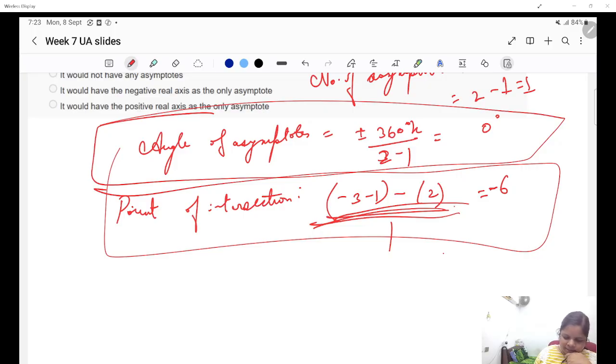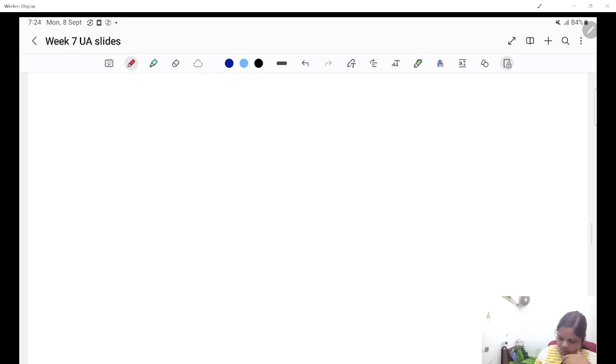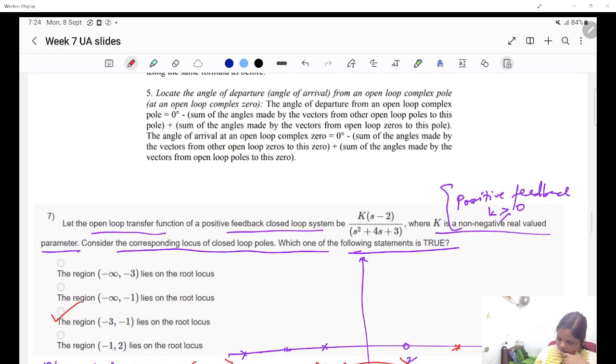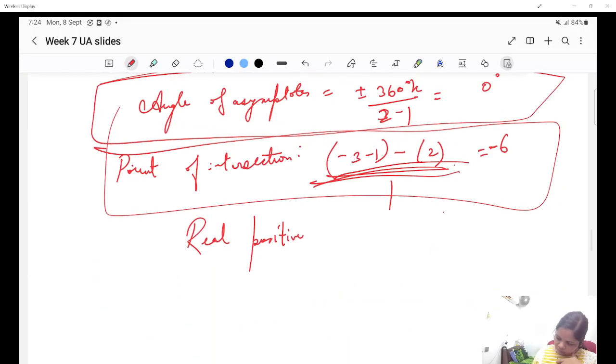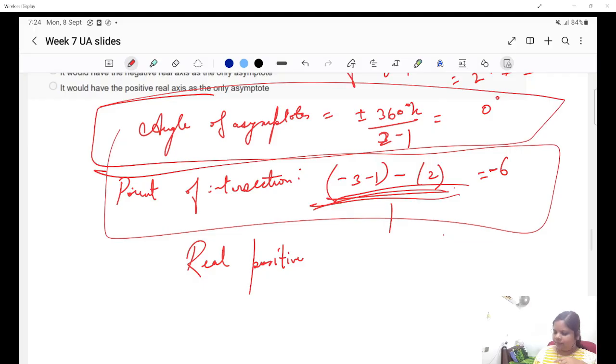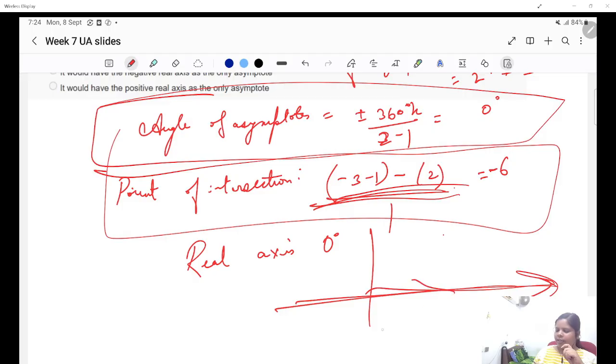What that means is the complete real axis, we can say that the real axis is the asymptote at 0 degrees. That means along this line would be the asymptote.